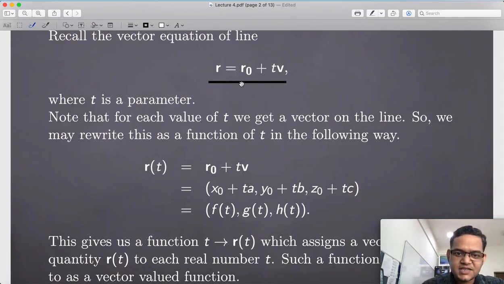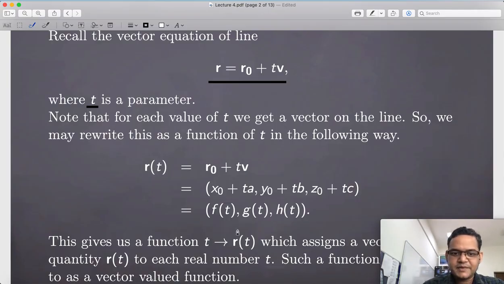Here t is a real number and it's often referred to as a parameter. Notice that for each value of t I get a point on the line. So what is it doing? It is giving me a function which sends t to a vector, or a point on the line.